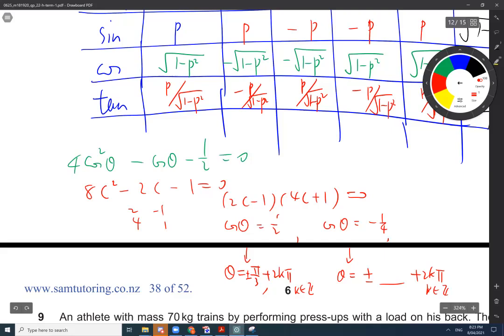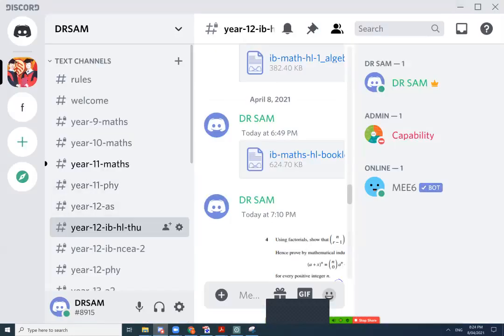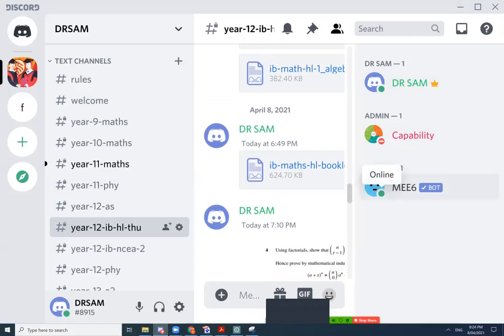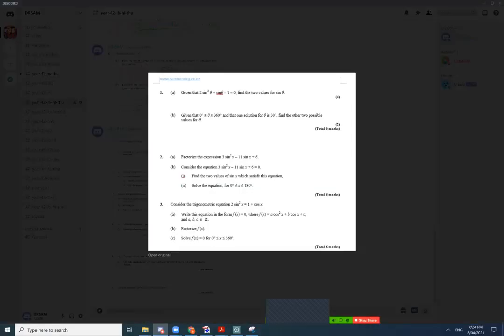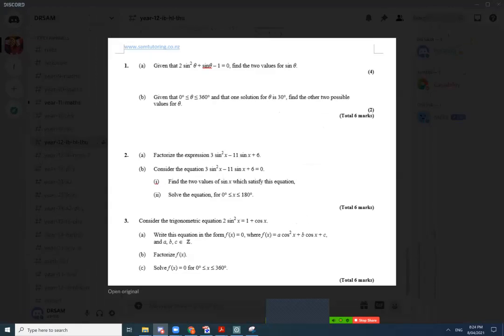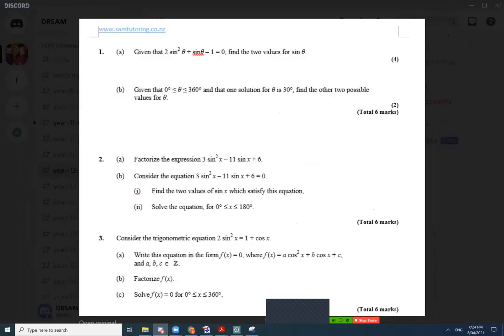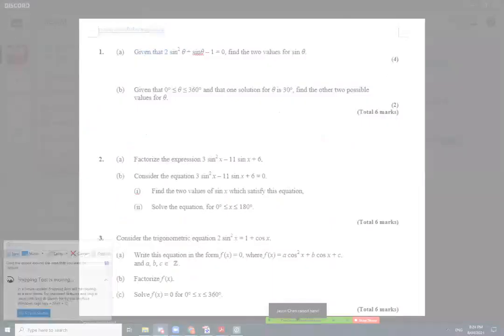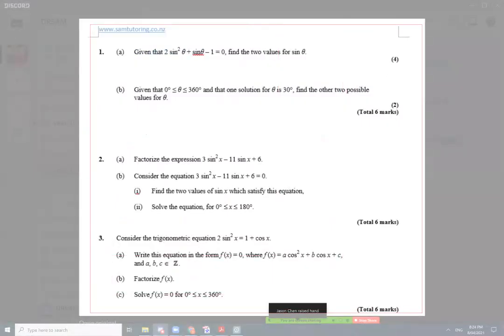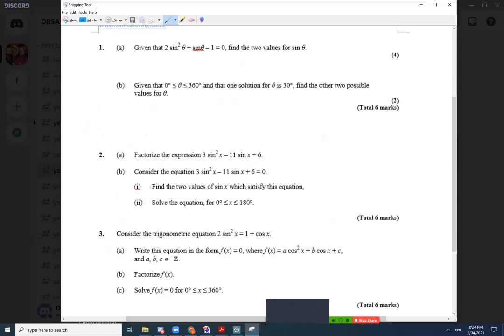Have a look here. More equations. Some trig equation revision. Question 1.